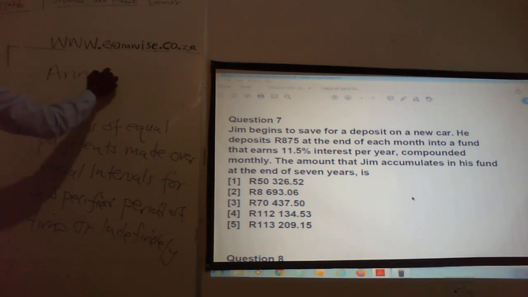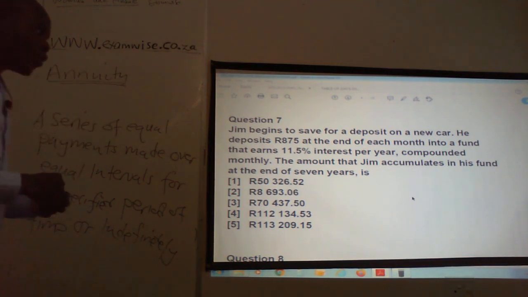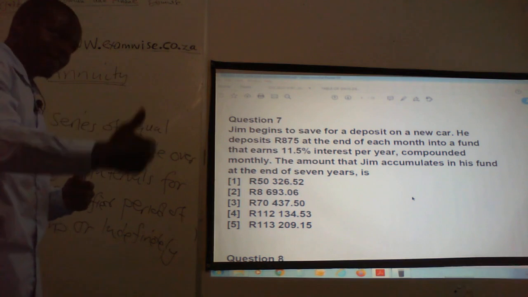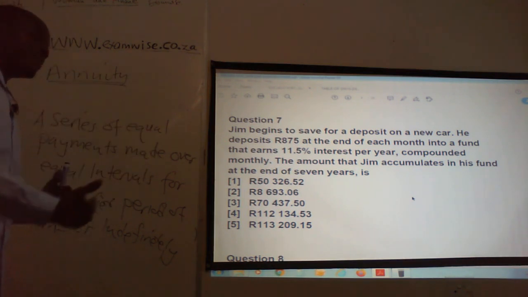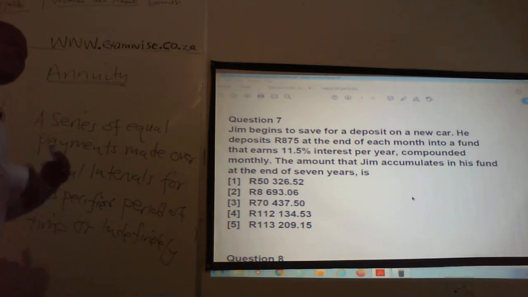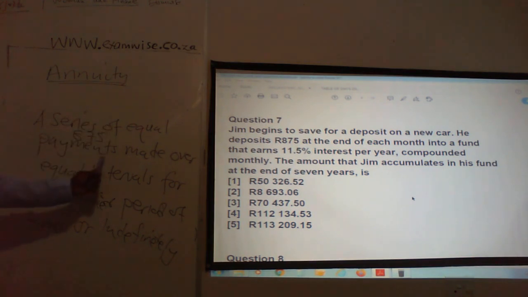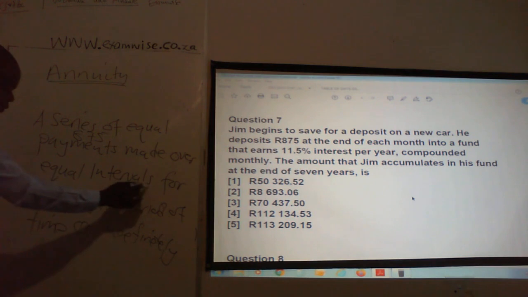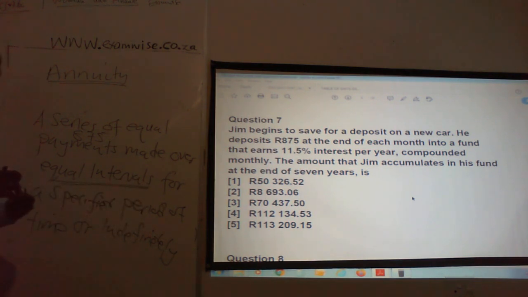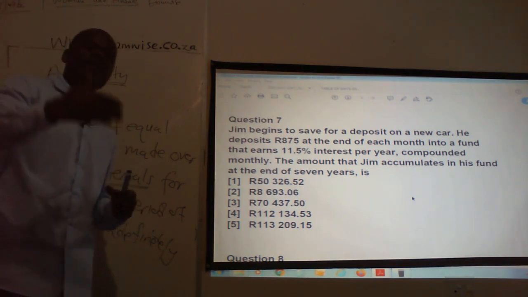So in this case, we have what we call an annuity, because we have a series of equal payments. Jimmy is depositing $875 each and every month. Our equal payments here are $875, made over equal intervals, every month.